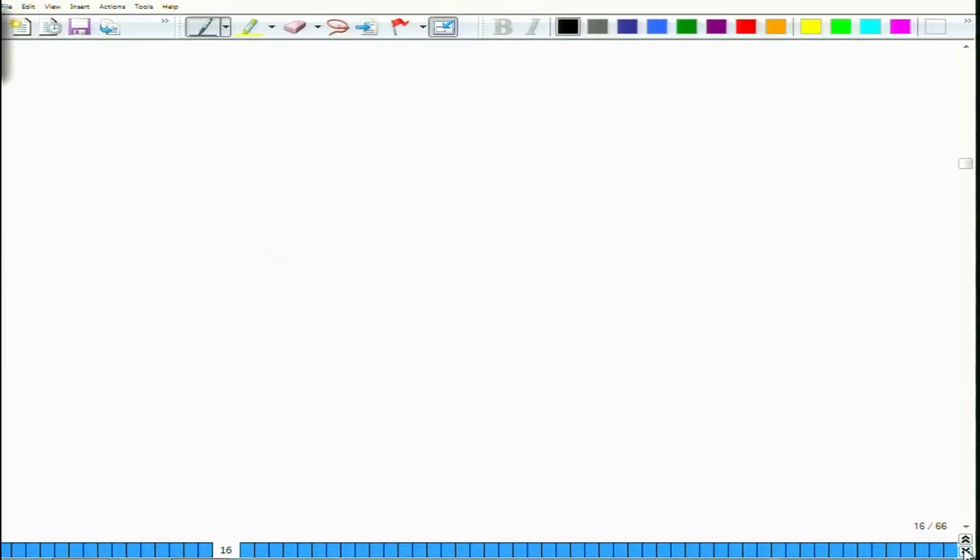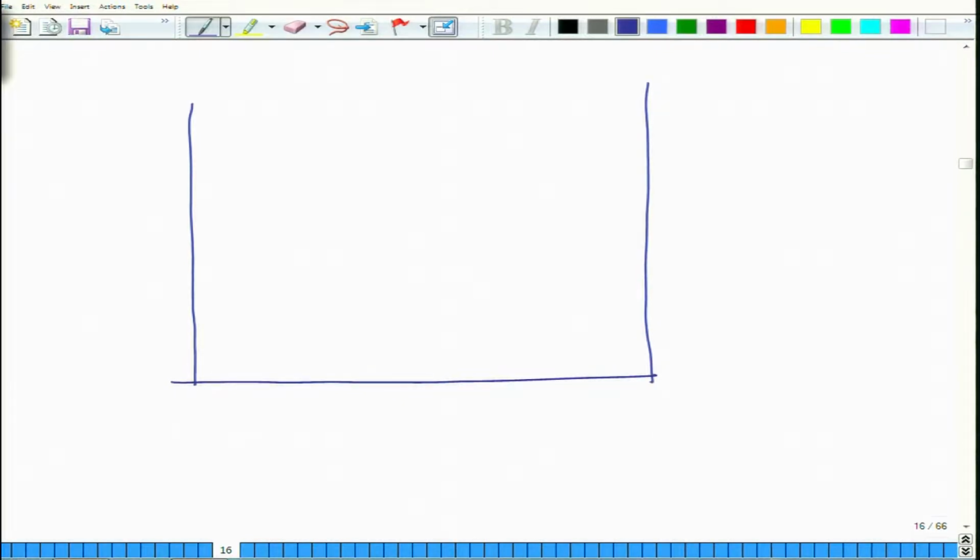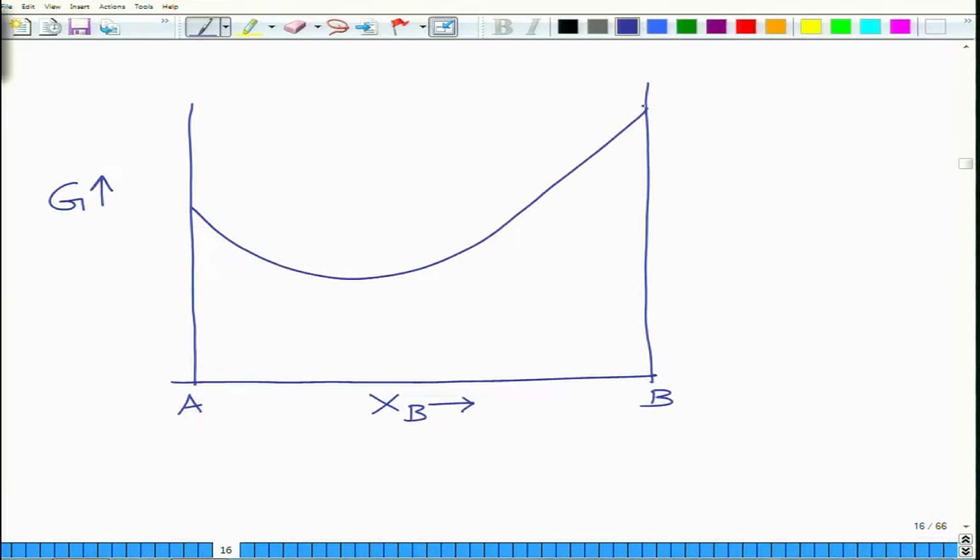So, now if I plot the free energy of a particular phase, let us say I draw a free energy curve for some phase, and the rule of mixtures gives me the free energy.